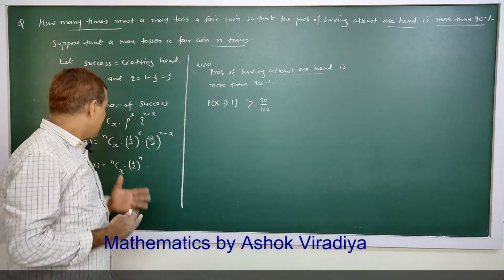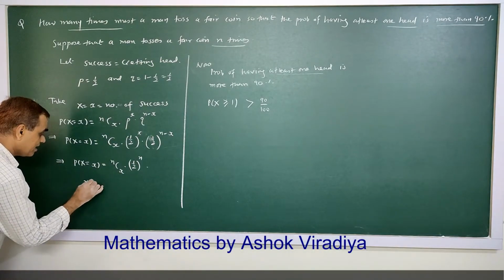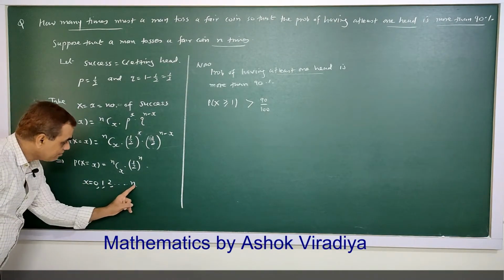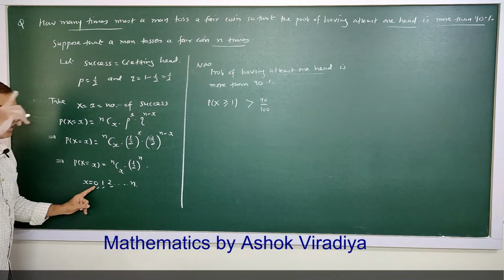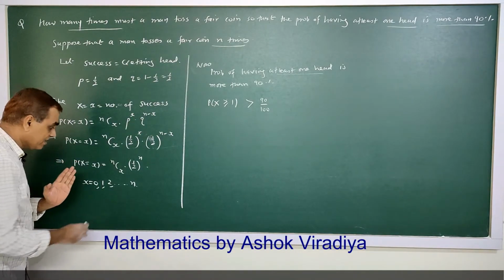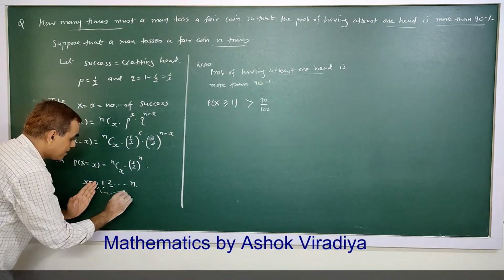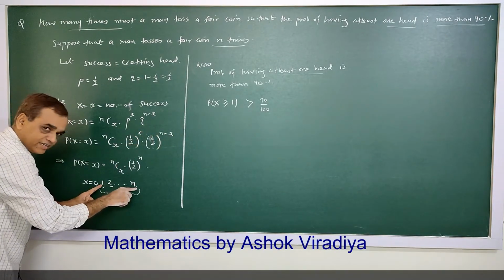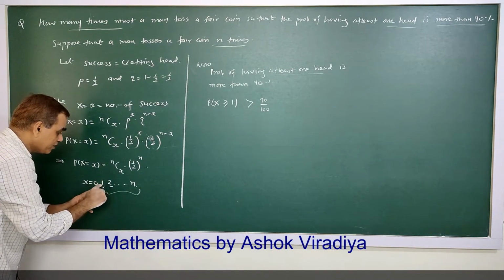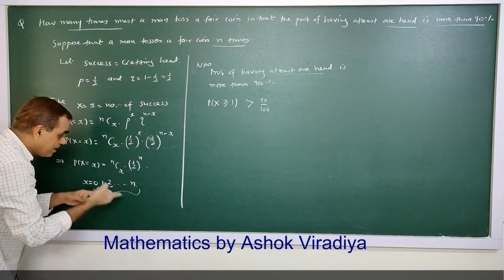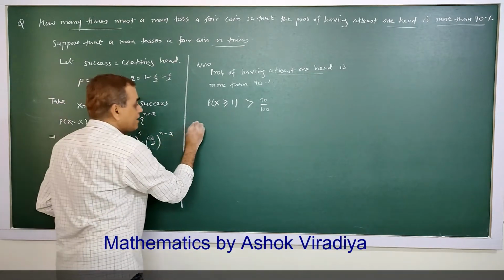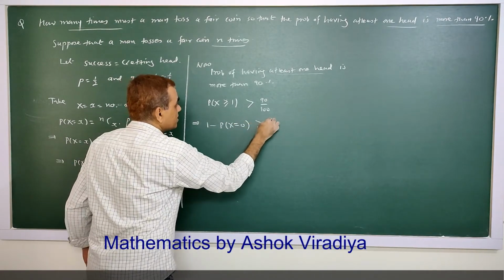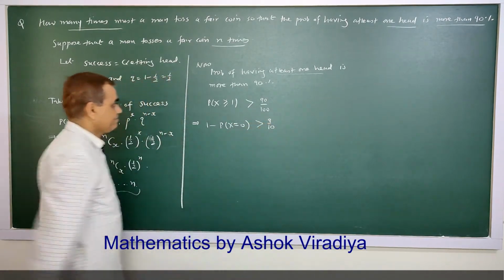And we know that x takes values from 0 to n, and the sum of the probabilities of these values is 1. So the probability that x takes value 1 or more means the sum of probabilities p of 1 plus p of 2 plus p of 3 up to p of n. So this sum is equal to 1 minus the probability that x takes value 0, and this is more than 9 by 10.